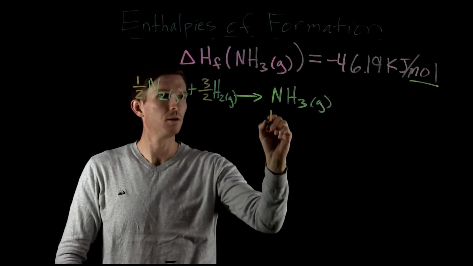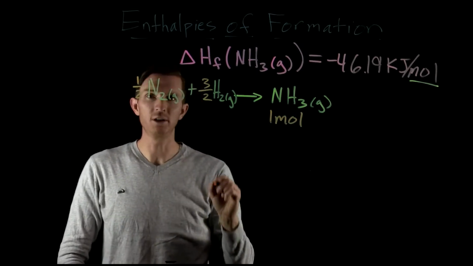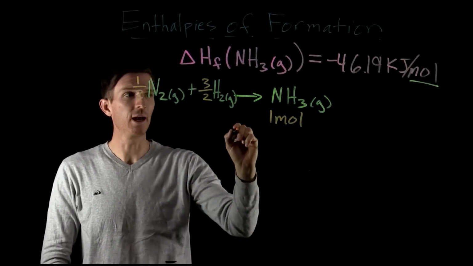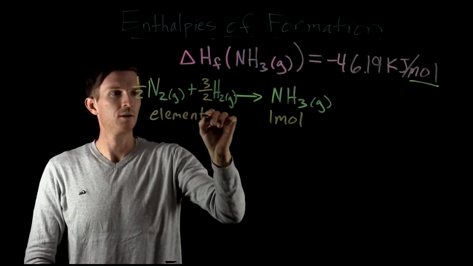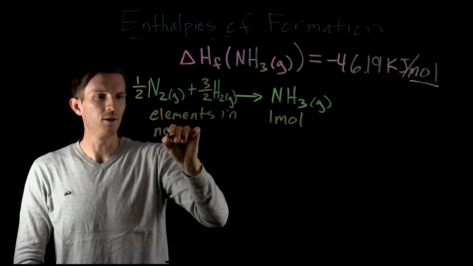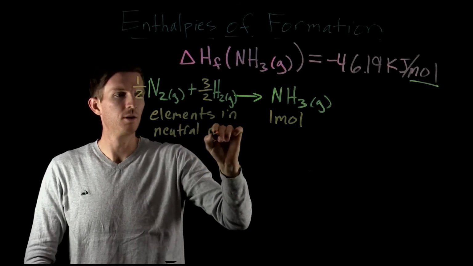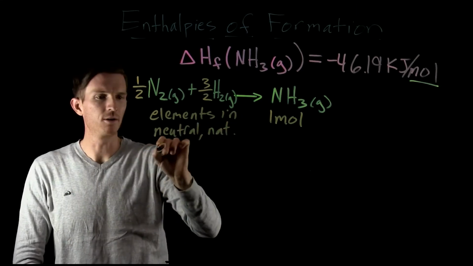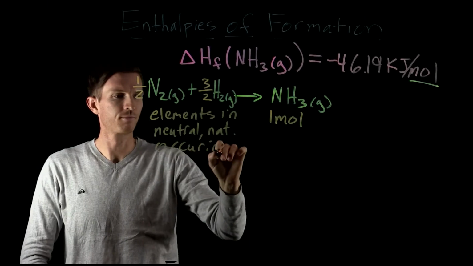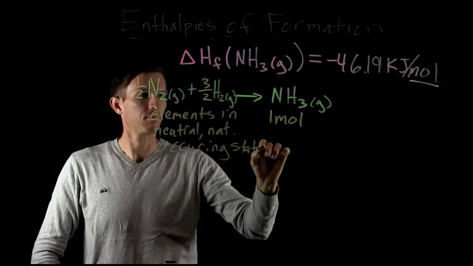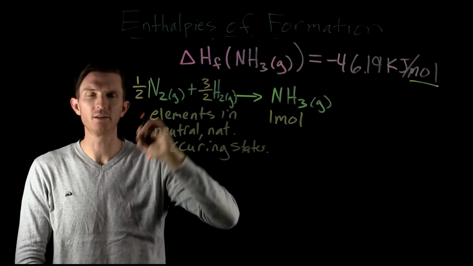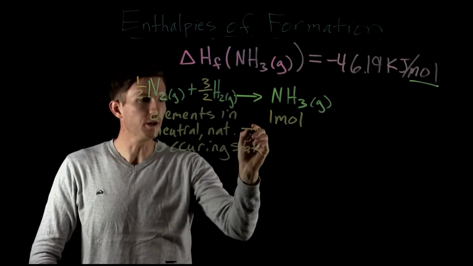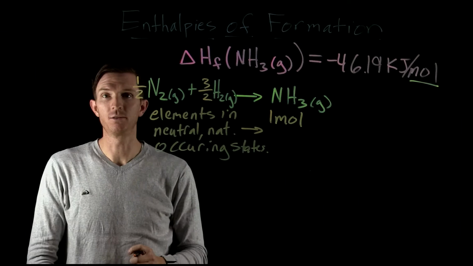So we're forming 1 mole of the specific substance that we're looking at from its elements in their pure, neutral, naturally occurring states. Nitrogen gas, N2, and hydrogen gas, H2, forming 1 mole of that compound, NH3.